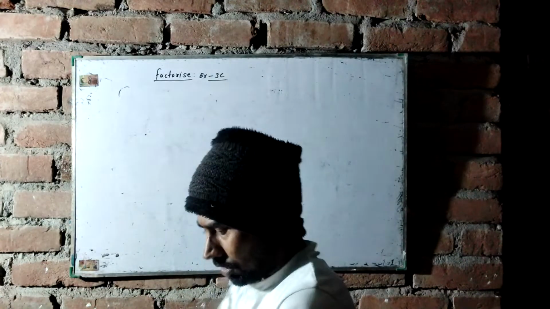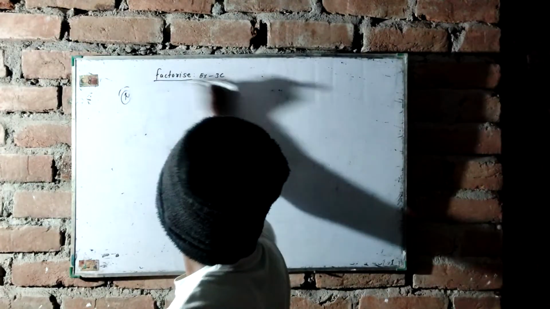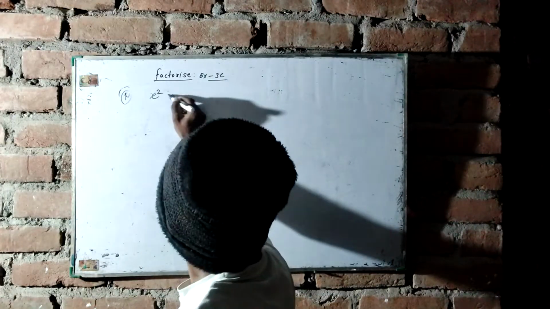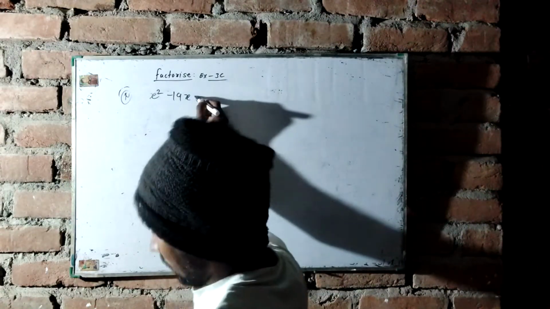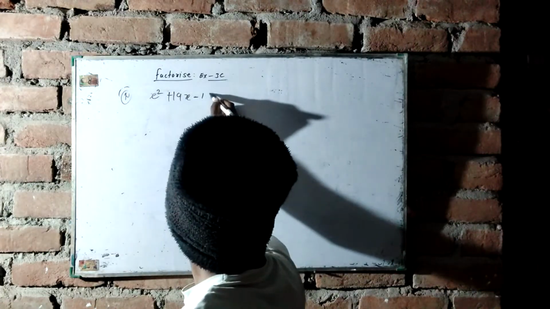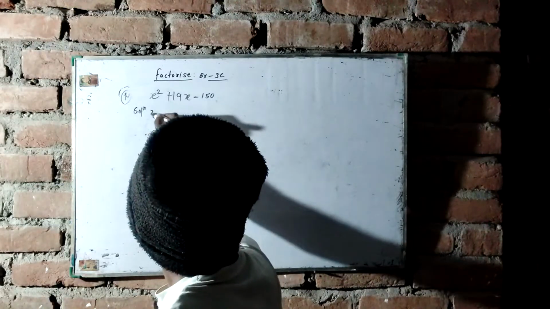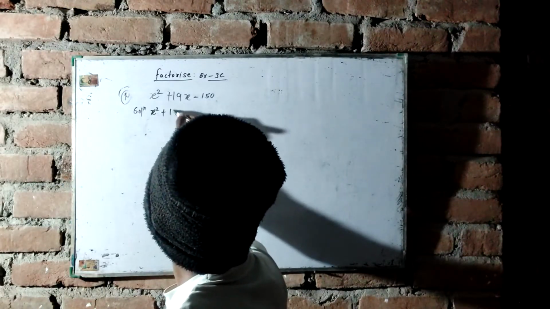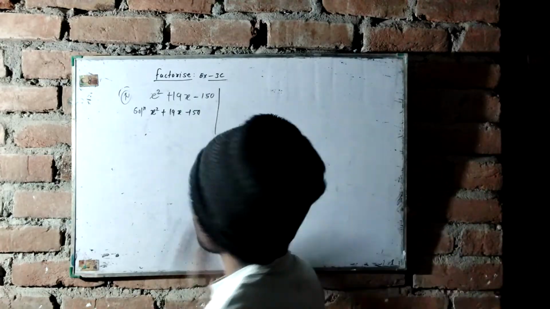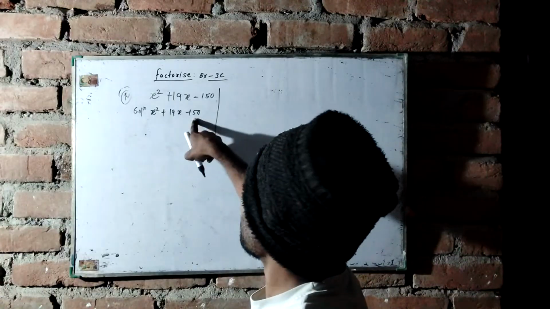Have a look, guys. x squared, sorry, plus 19x minus 150. Similarly, we can write x squared plus 19x minus 150. Now, we write all factors of 150.